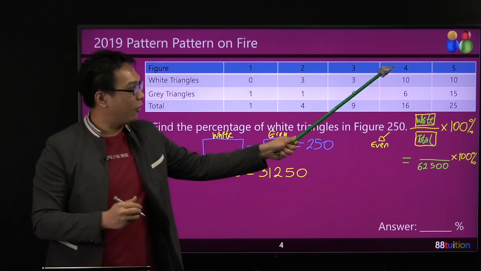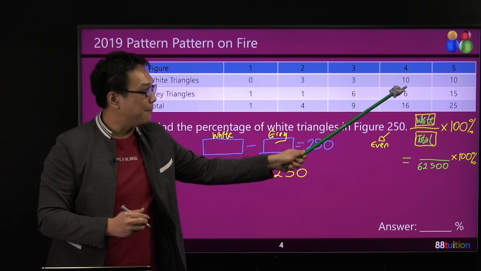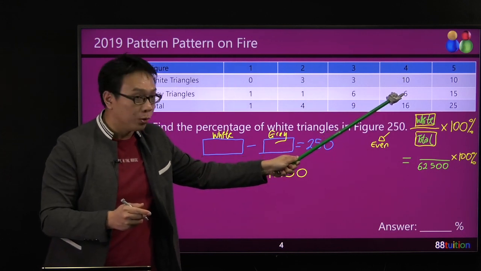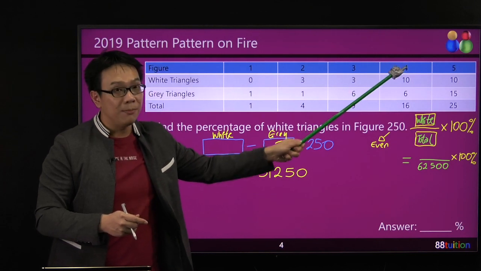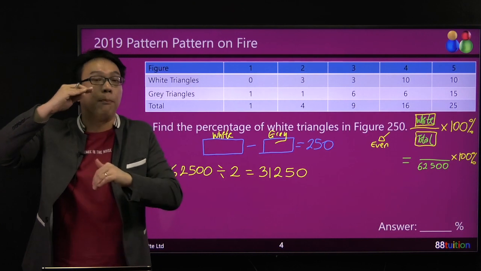So down here, this 4, what do we do? Once you get a center number, it's 8. 8 must plus 2, and 8 must minus the 2. How do you get the 2? The 2 is to take the 4, the figure number, divide by 2. Take the gap, divide by 2, because you need to split into the top and the bottom portion.